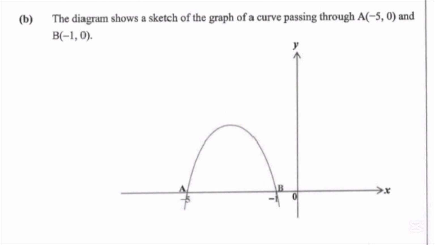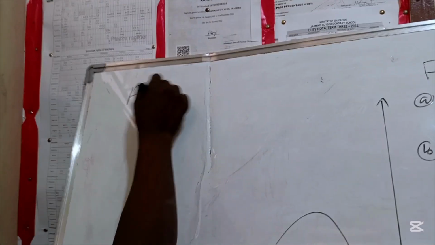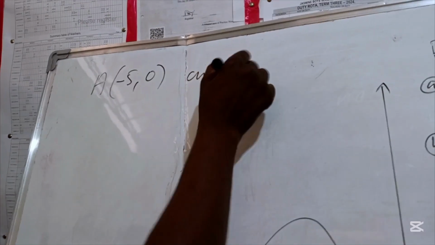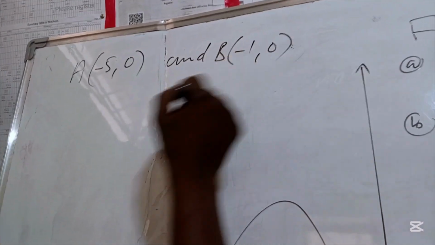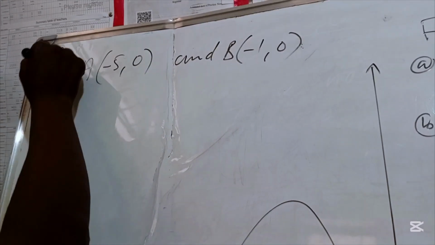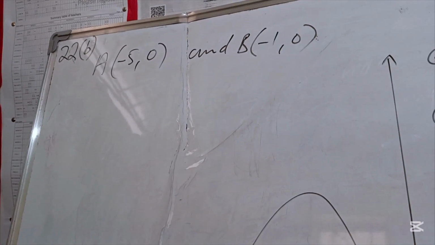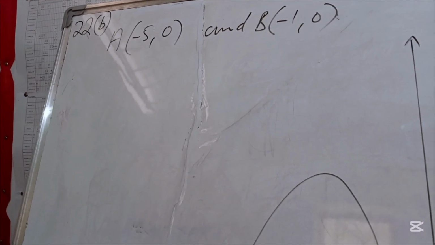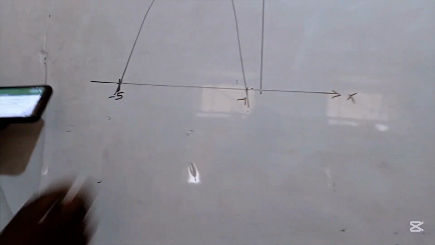It is passing through A at negative 5, 0, and B at negative 1, 0. Remember, this is question 22B. We are almost winding up. So without wasting much of our time, this is the point where it is passing, and these are the coordinates we are given.